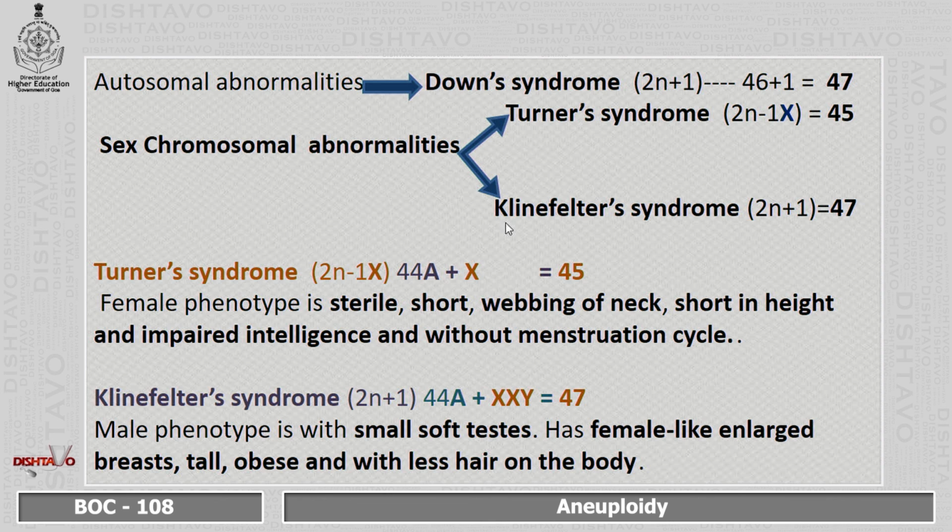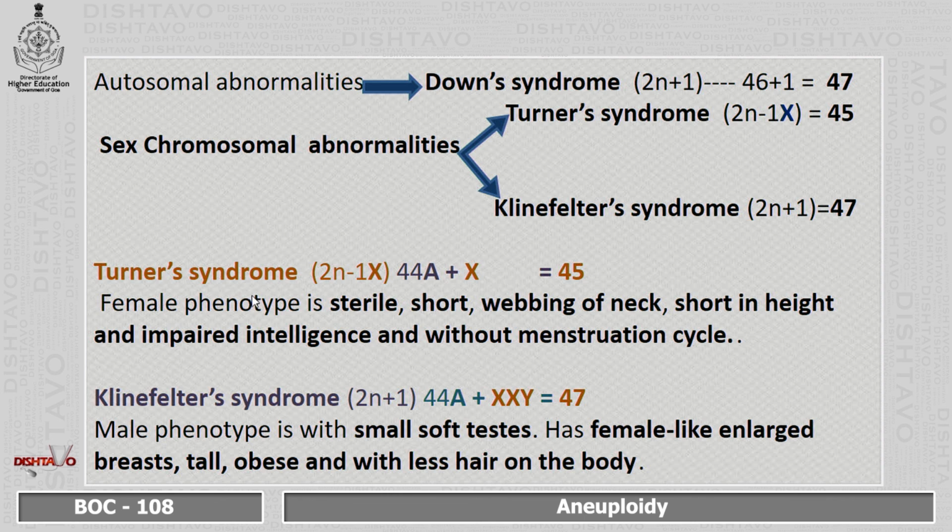Whereas the Klinefelter syndrome is having 1 extra, which leads to 47. So, see here Down syndrome is 47, but here it is autosomal chromosome, autosome, and here it is the allosome, sex chromosome is extra here. So, here also the 47 number is extra. These are aneuploids only, but they are different. Somatic, the autosomes and the allosomes, sex chromosomes and the normal chromosomes. So that makes the difference here.